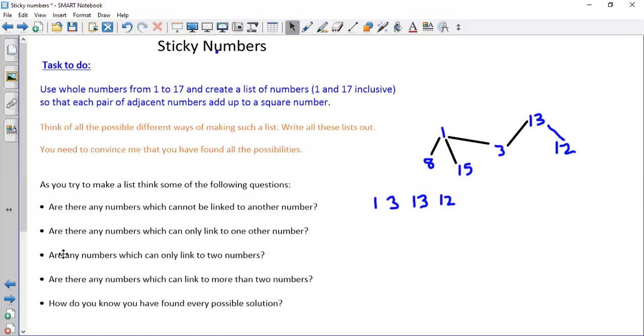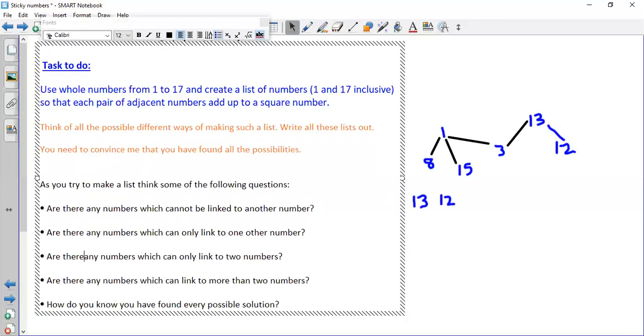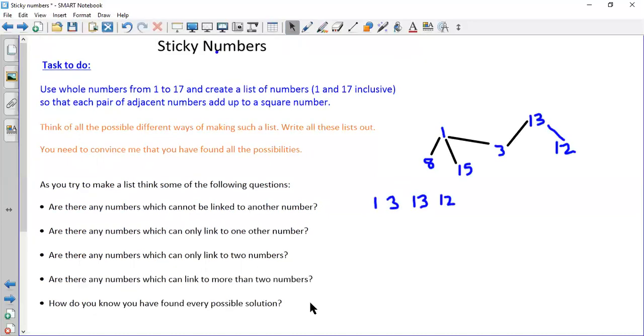Are there any numbers which can only link to two numbers? Are there any numbers which can link to more than two numbers? So here, for example, 1 can be linked to 3 different numbers. So it can be linked to more than 2 numbers.